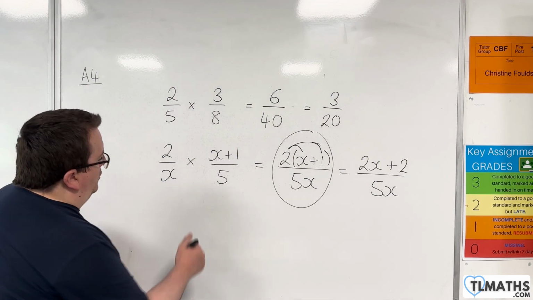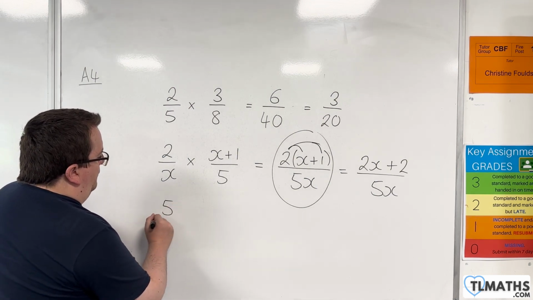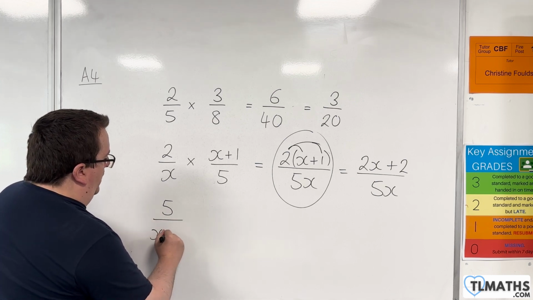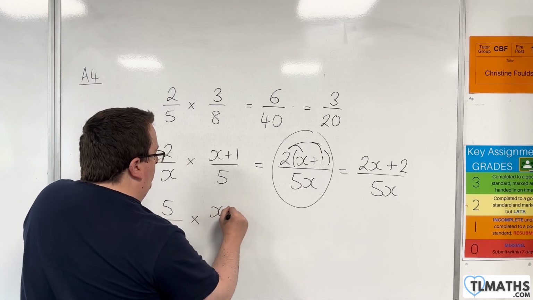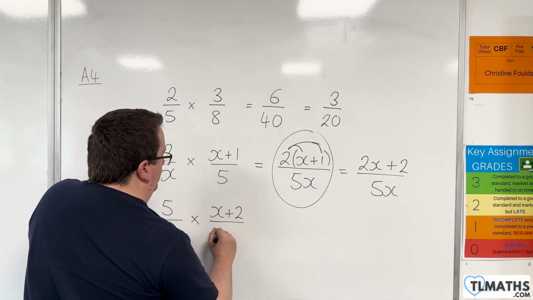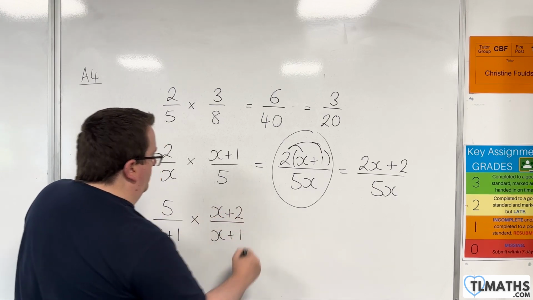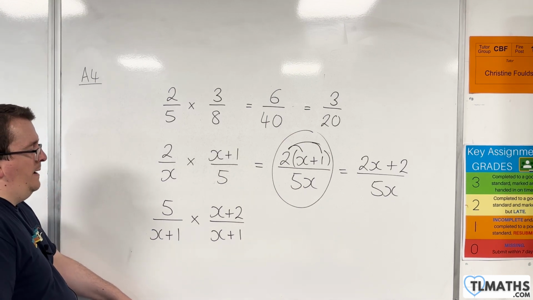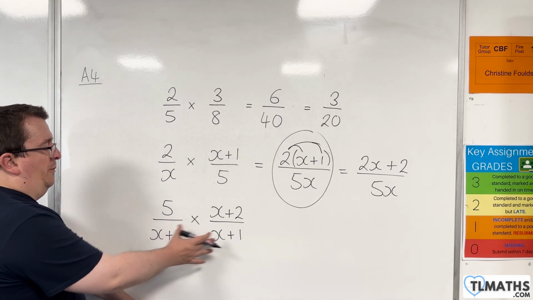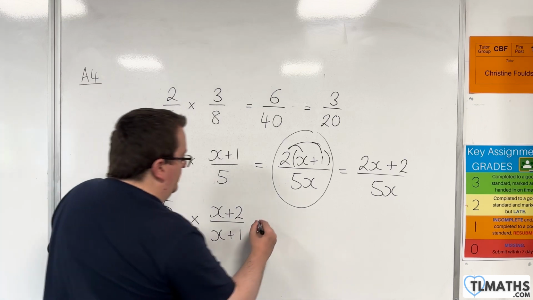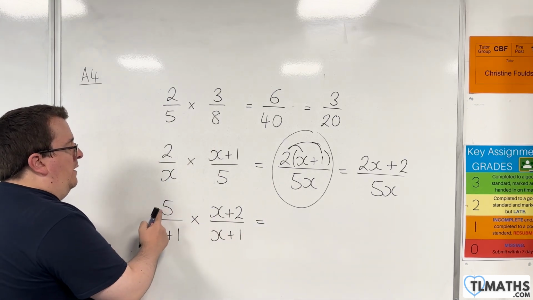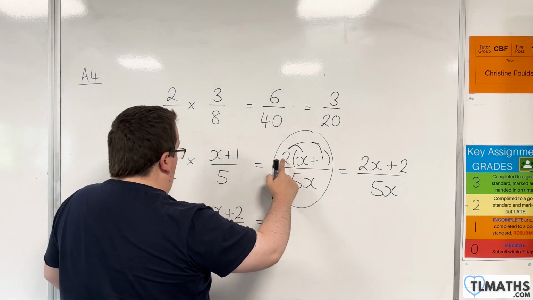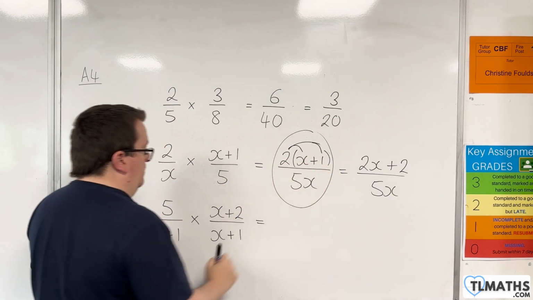Okay, so let's just do one more example. Let's say we've got 5/(x plus 1), and we need to multiply that by (x plus 2)/(x plus 1). Okay, so if I'm multiplying these two fractions together, I need to multiply the numerators together. So this is, as I said, the same as 5 lots of x plus 2 in a bracket.